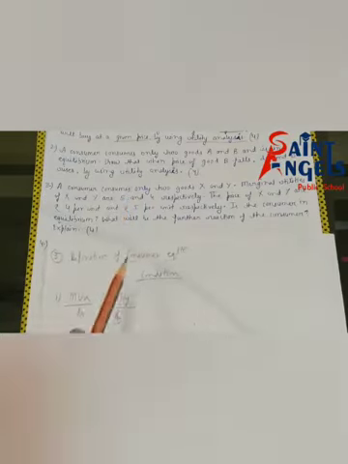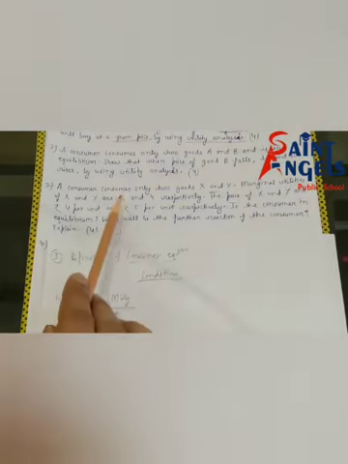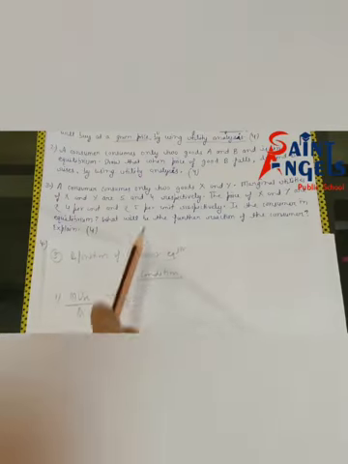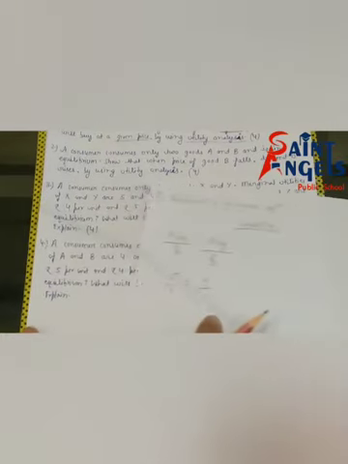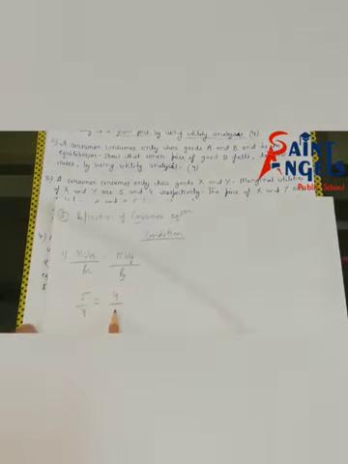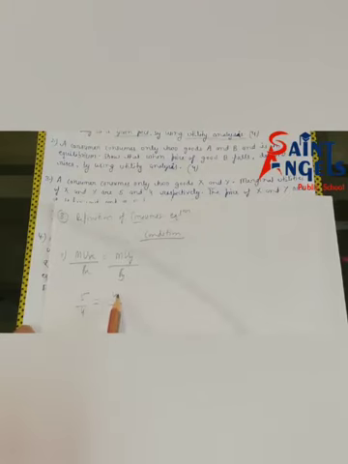Value of MUX 5, value of PX 4, value of MUY 4 and value of PY 5. See, 5 divided by 4, and next is 4 divided by 5.